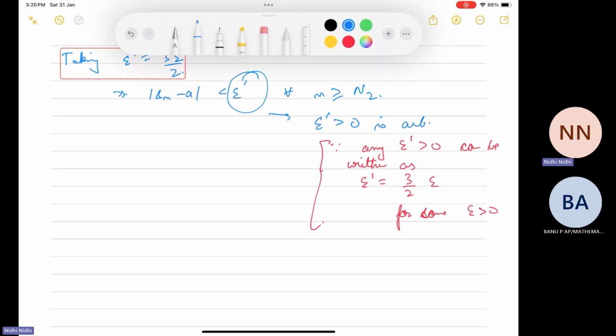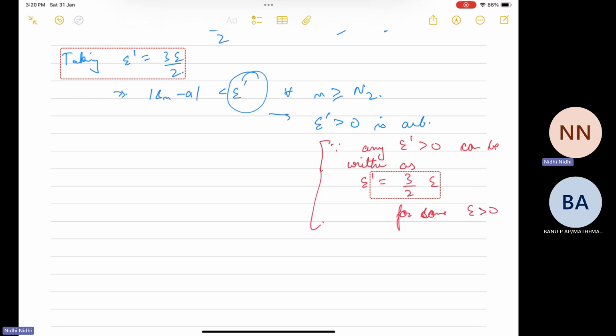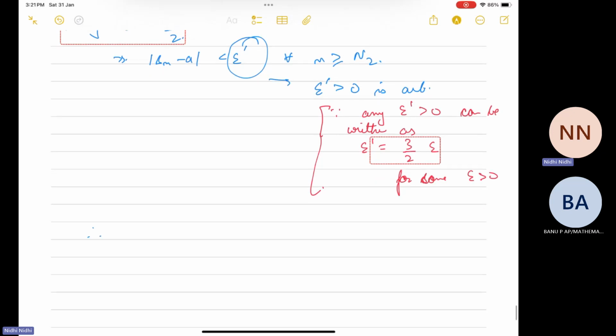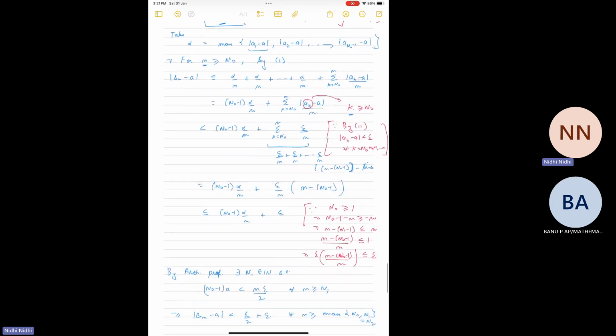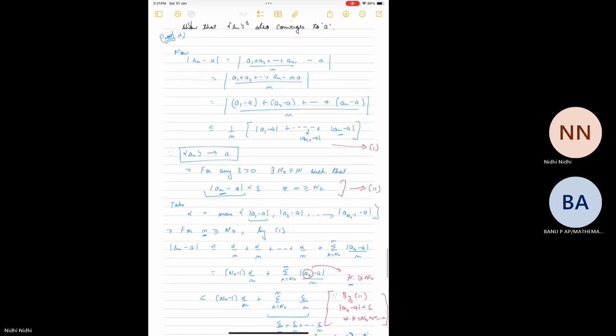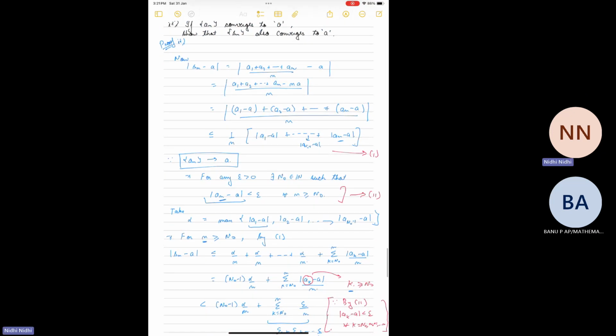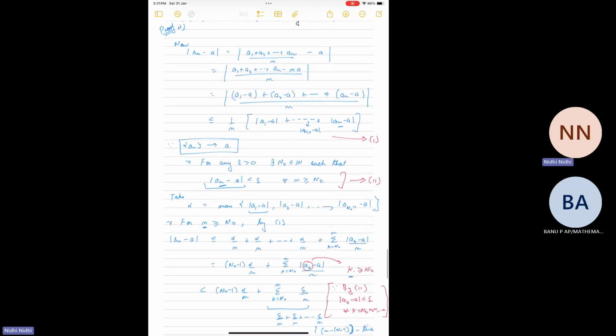And this gives us the definition of convergence of the sequence. Therefore, the sequence Sn converges to A. I hope this is clear how the sequence is converging to A. If you have any doubt, you can ask.